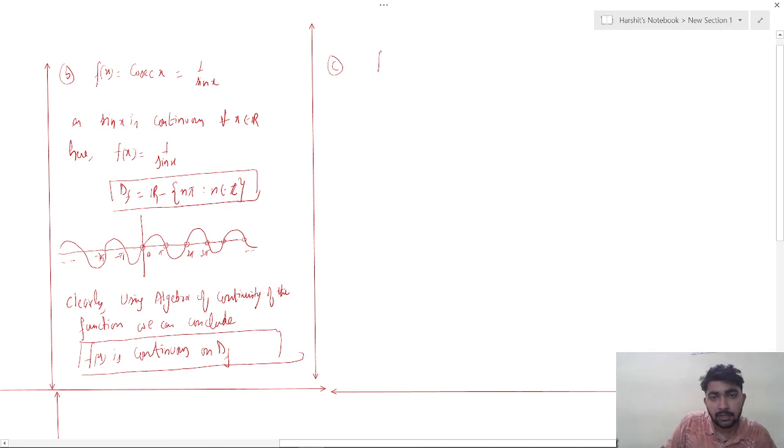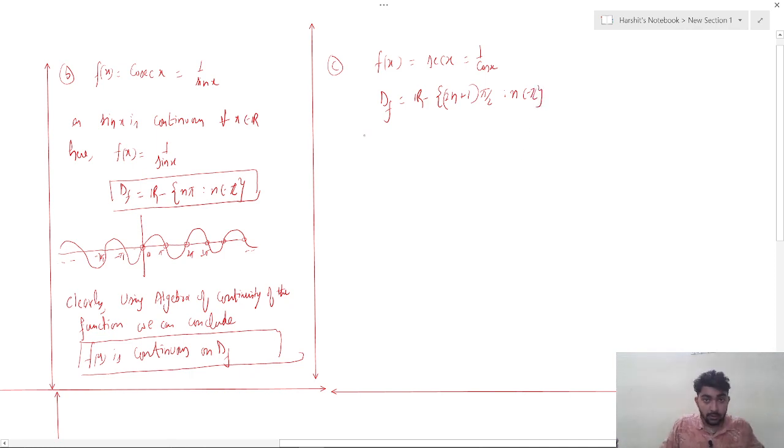What is our C part? f(x) equal to the secant of x is there. The meaning is 1 upon cos x. So the domain of this function is clearly R minus (2n plus 1) pi by 2, where n belongs to Z.